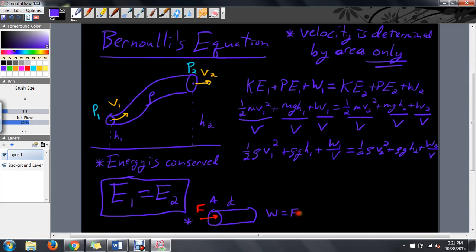Well, the work is the force times the distance. Right? But if we divide by volume, then volume is area times distance. So the work over the volume, just from a simple geometric argument, is the same as the force distribution over the area. What is force over area?